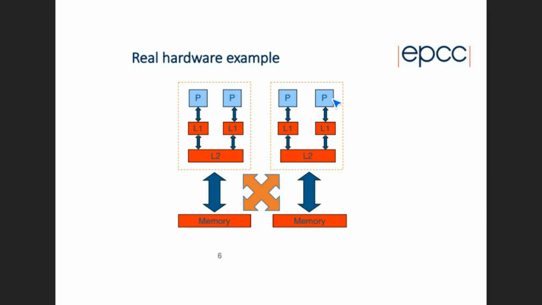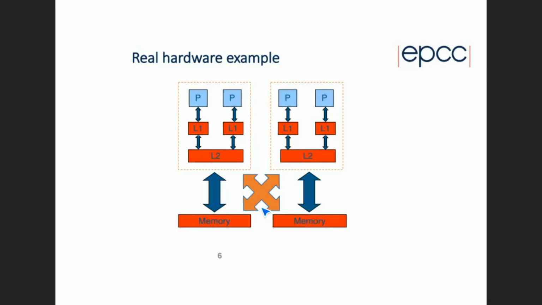Then each of those processing units might have, say, its own level 1 cache, and then you might have a shared level 2 cache. And then the processing units and the memory are all connected together somehow. But nevertheless, any of these processors are still able to access any memory location.